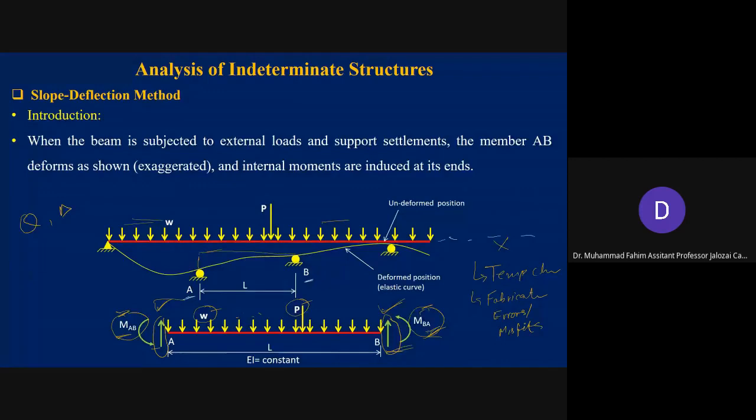We are relating end moments with thetas and deltas in this generic span, and then we will apply this to any other span. Okay? So this is the basic goal.